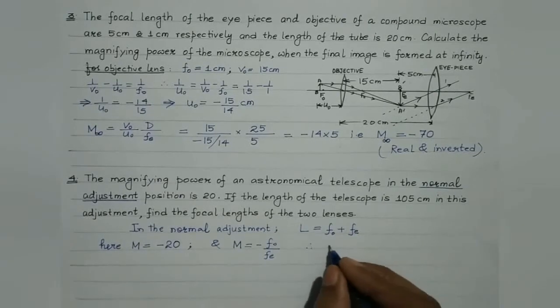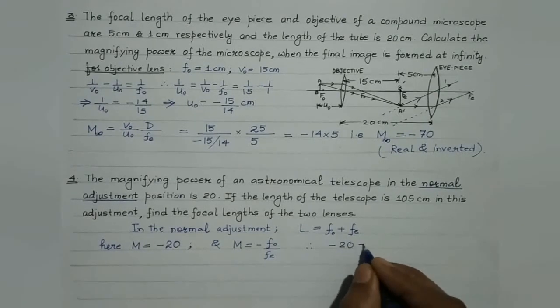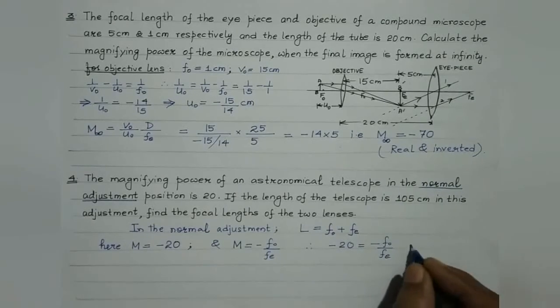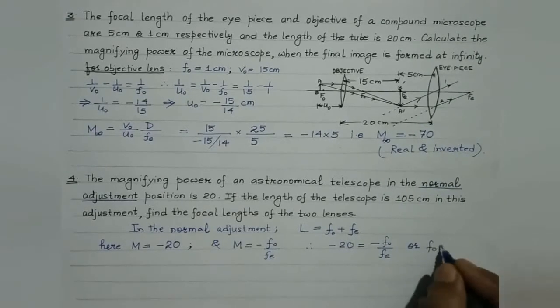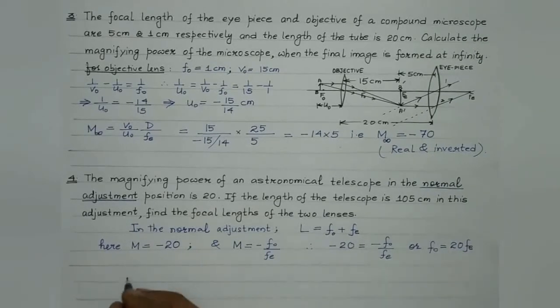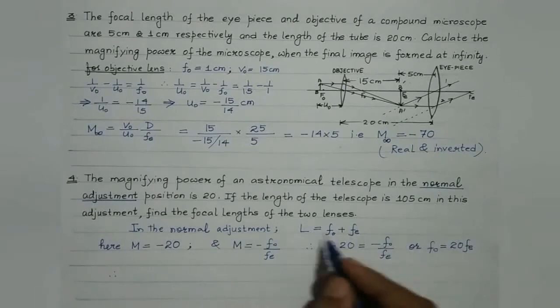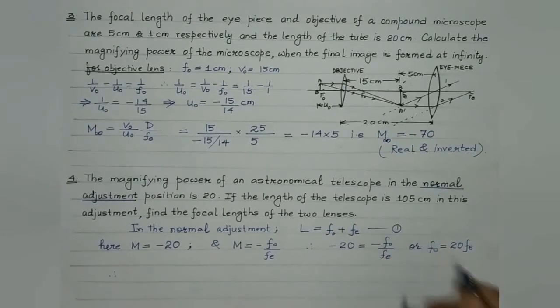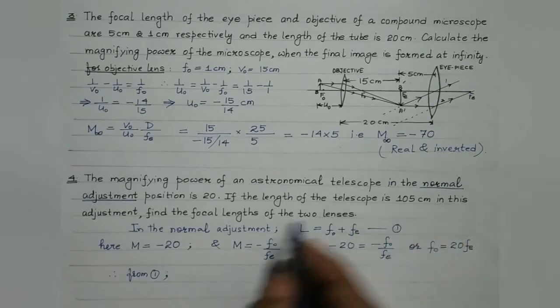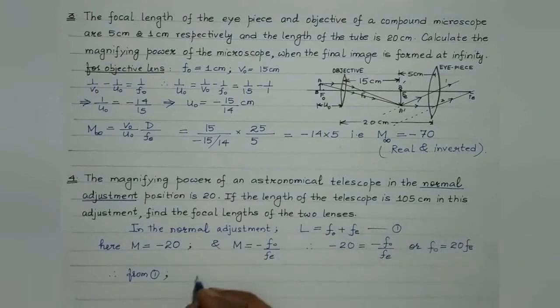Therefore, students, let's substitute the values. Minus 20 is equal to minus f0 over fe, or f0 is equal to 20 times fe. Let's substitute this value in the first equation. Length of the tube is given to be 105 centimeter.